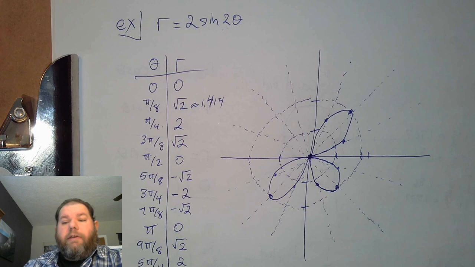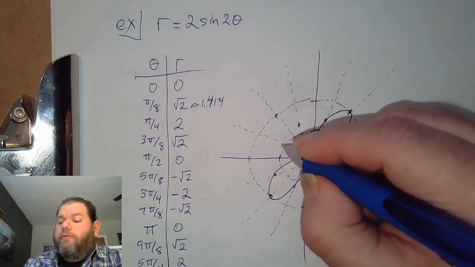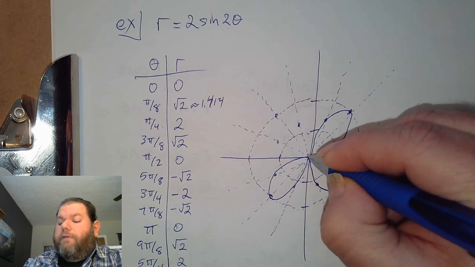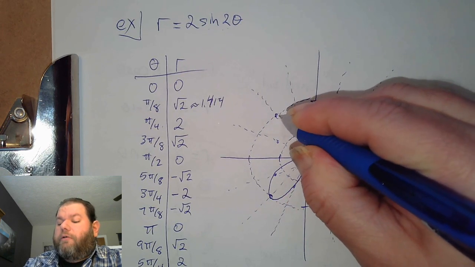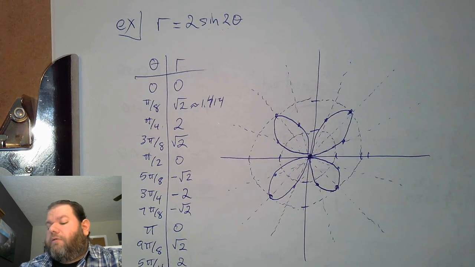Well, I think you can see what's going to happen in the last bit. We're going to get a root 2, a 2, a root 2, and back to 0. And that's our graph.